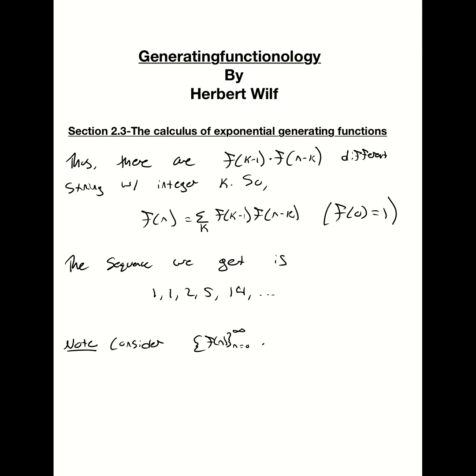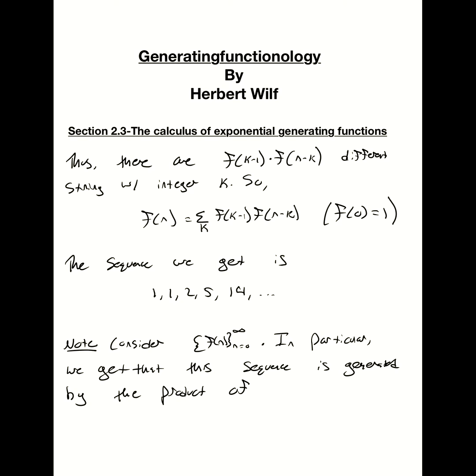And in particular, we see that this sequence is generated by the product of F and xF, where this is a capital F, the specific generating function, the sum of little f of k times x to the k.